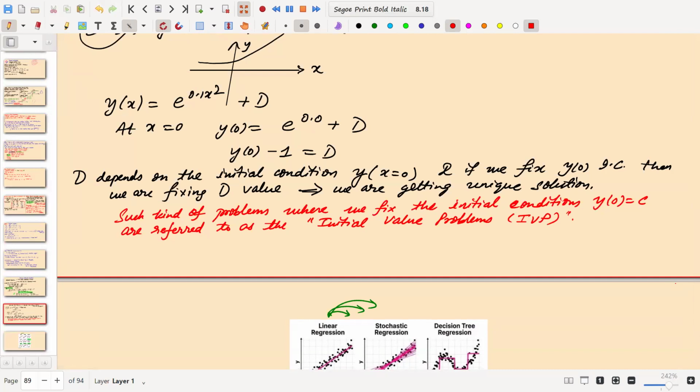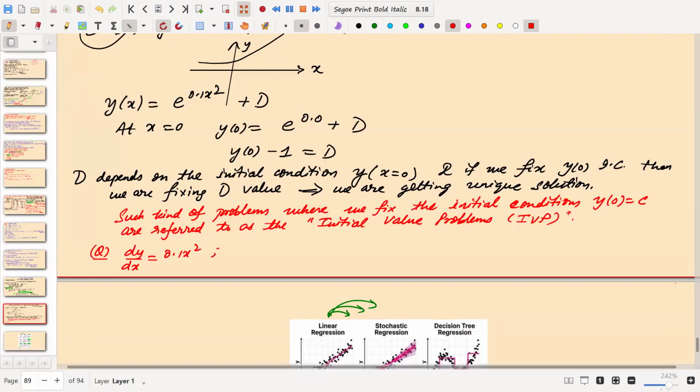So therefore, most of the time, you will not see someone asking you, you recollect your bachelor's degree or your class 12th exams, okay, always dy by dx equal to 0.1 x square will be given, and then something else will also be given, that given that the initial point y of 0 is 5.